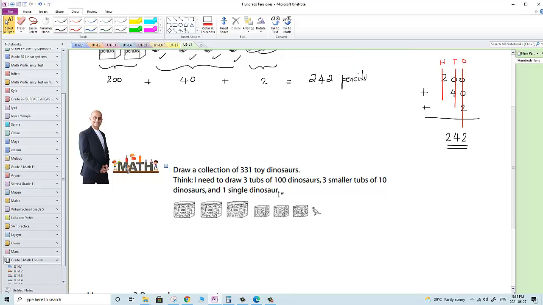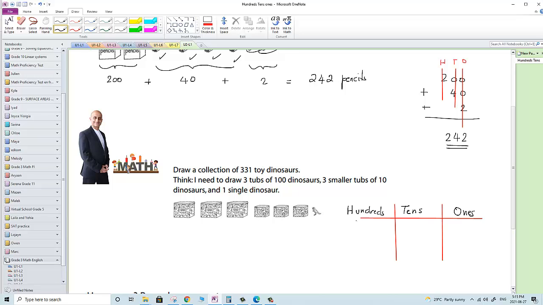Someone wants to draw a collection of toy dinosaurs. So I see here some groups of dinosaurs. Let's create my table, my magic table, because this will help me a lot to know how to add these numbers into categories. So I have the ones, I have the tens, I have the hundreds.